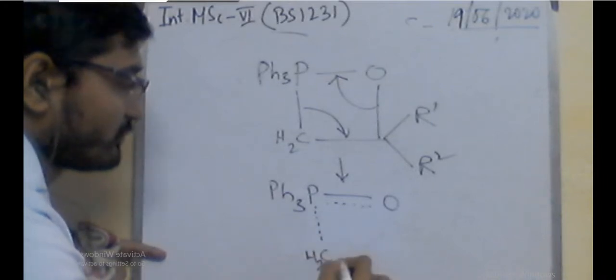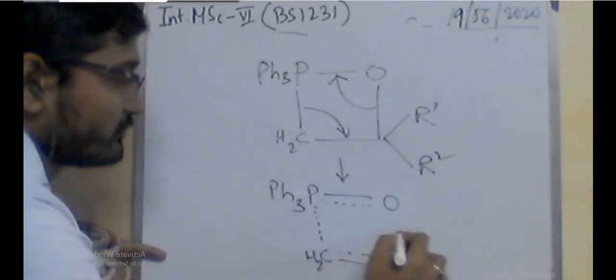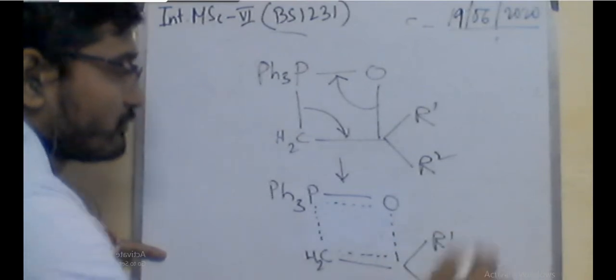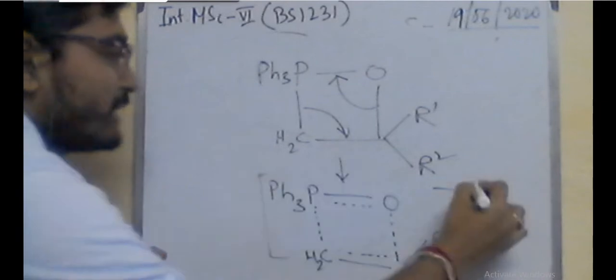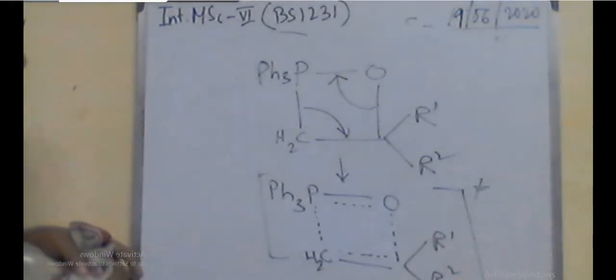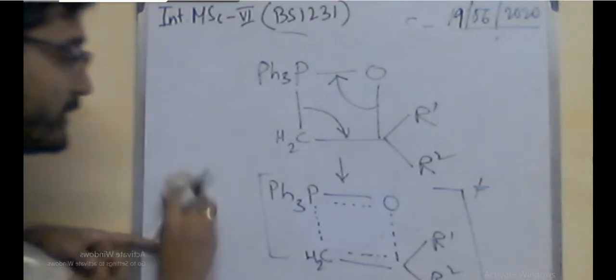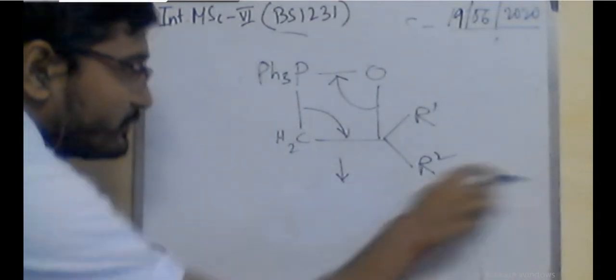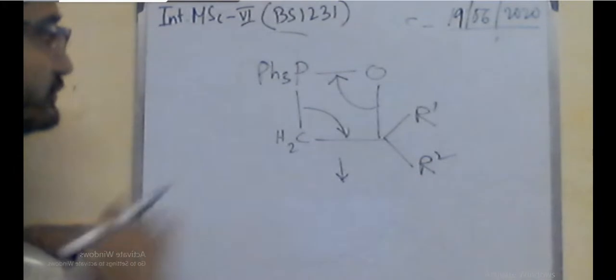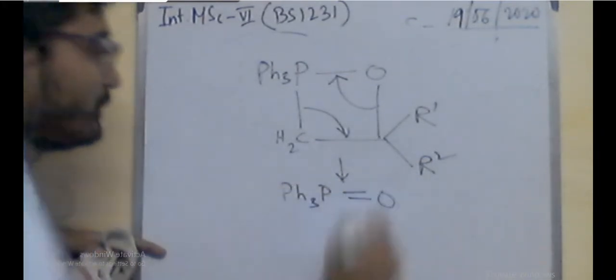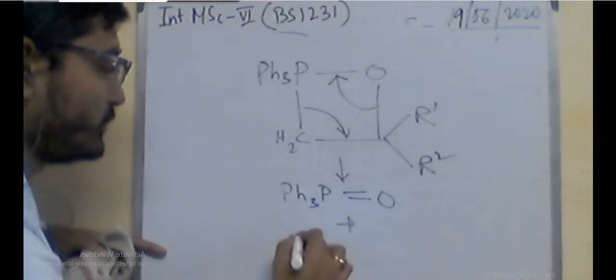This is the transition state. So finally the product, here you will get C double bond O plus R2. So this is the possible mechanistic pathway of the Wittig reaction.